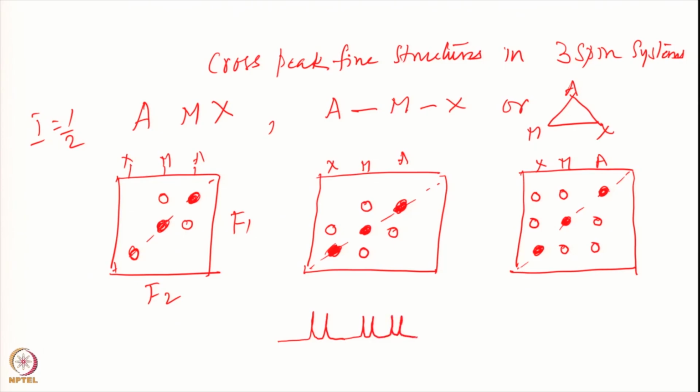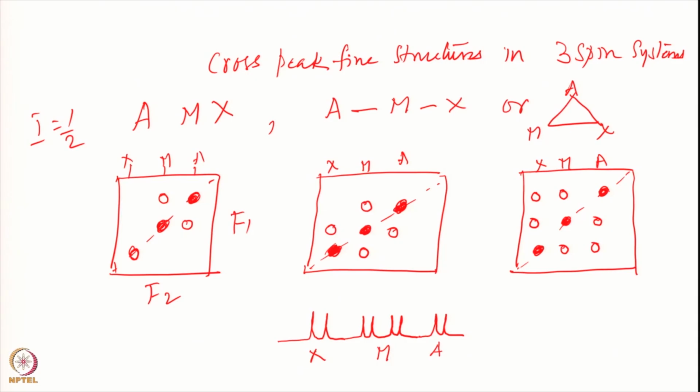And this is M, and what will be X? X has only one coupling, therefore that will also be a doublet. So this is X, this is M, this is A, in the same order which I am writing here.